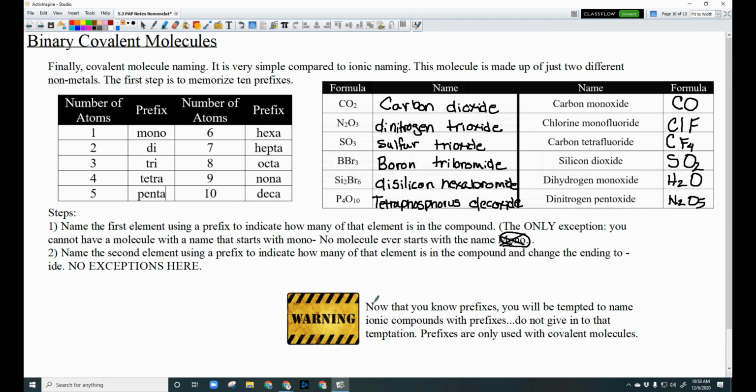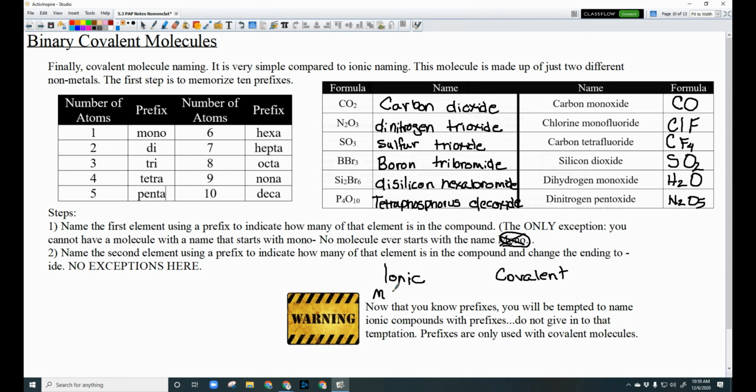So you must resist that temptation. So when you're looking at something to name, the first question you want to ask yourself is, is this ionic or is this covalent? And how can you tell the difference?